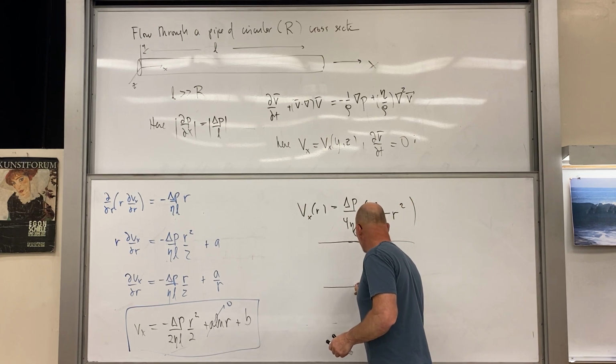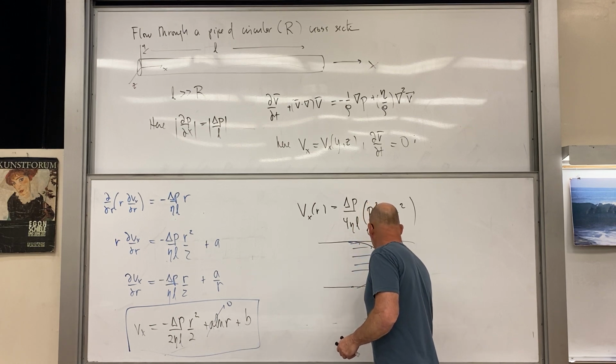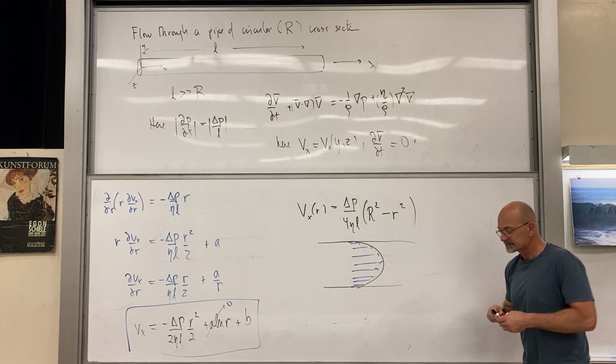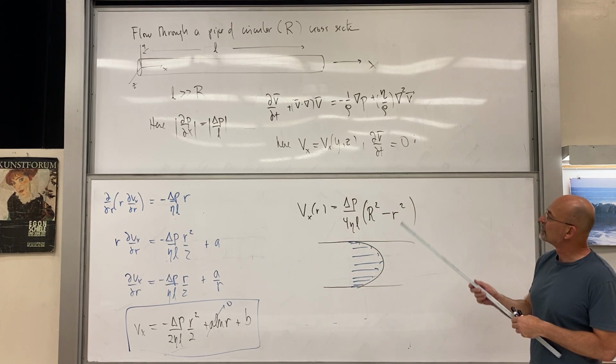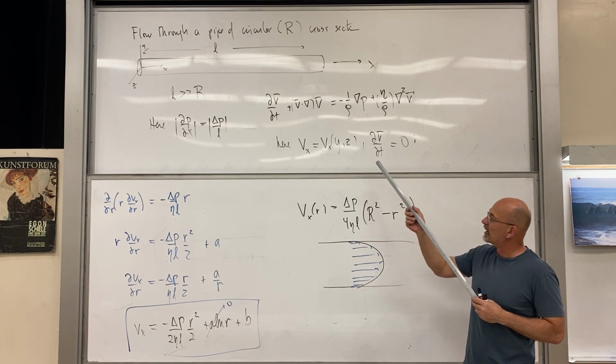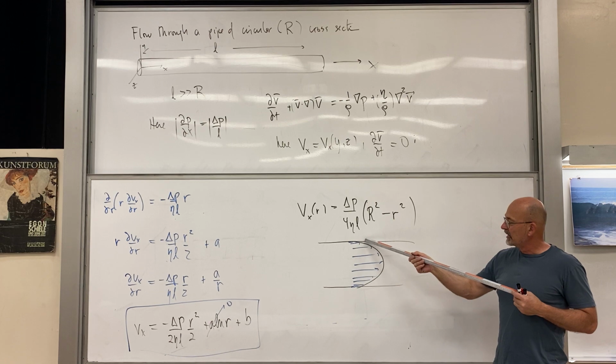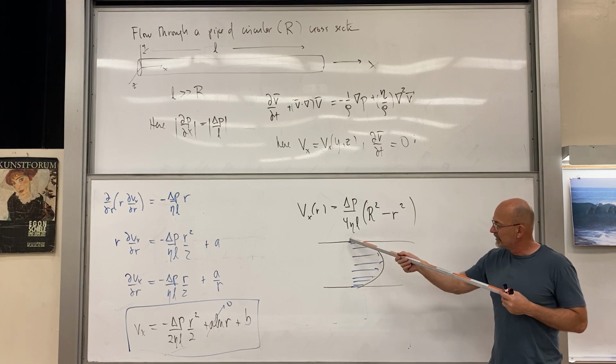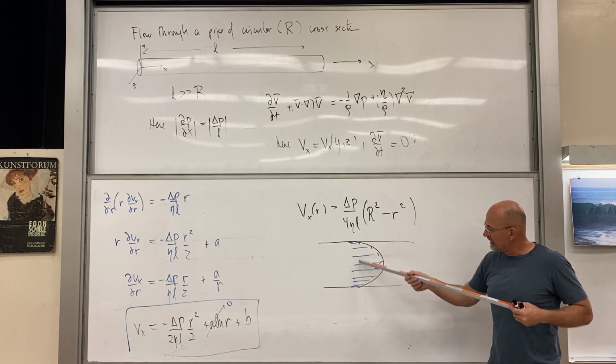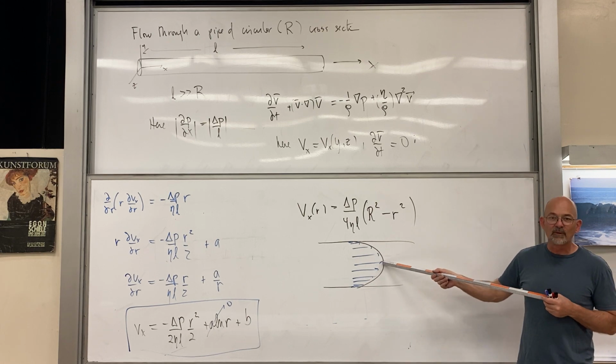This time 0 here and here, and then increasing speeds right there. So we already saw from the channel that we're going to have curl here, vorticity at the boundaries, decreasing towards the middle where we'll have none.